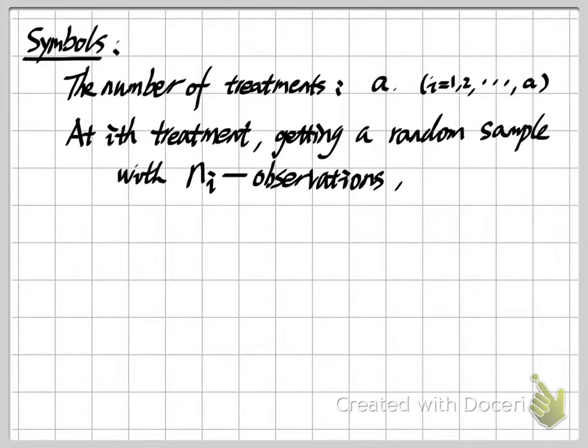So we denote the number of observations at the ith treatment as n sub i. So for example, if we have 10 patients receiving the drug with a low dosage, then we have this n1, because low is the first one, so n1 is equal to 10. And for the medium, the second treatment, maybe only 3 patients, then n2 is 3.